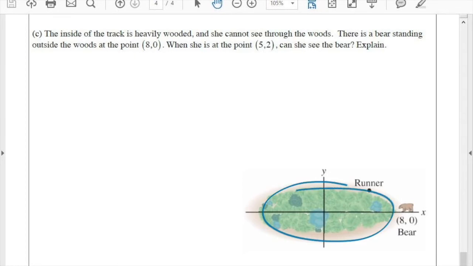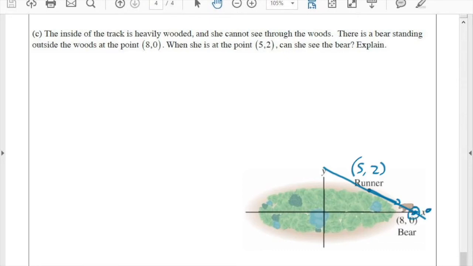All right, so let's think about this for a second. Here we have our ellipse, and the runner is currently at (5, 2), and we're trying to find out if she can see the bear. Well, this is a tangent line. All I know is the bear is standing at 80. I don't know if 80 is after the x-intercept for the tangent line or before it.